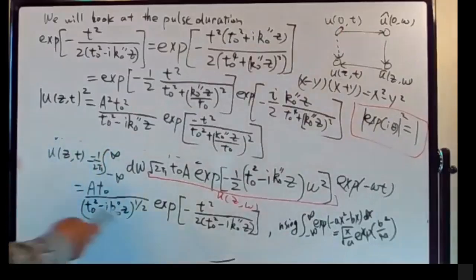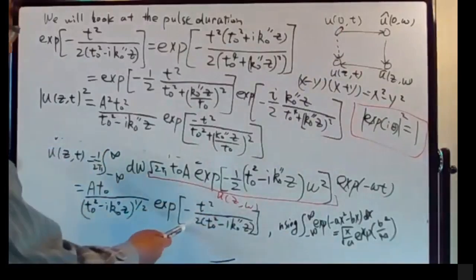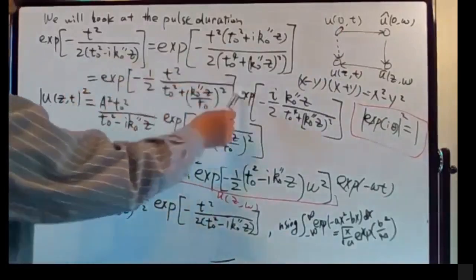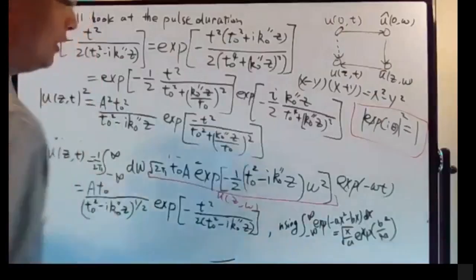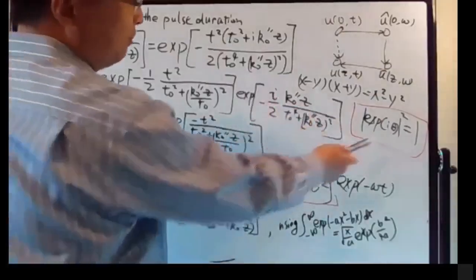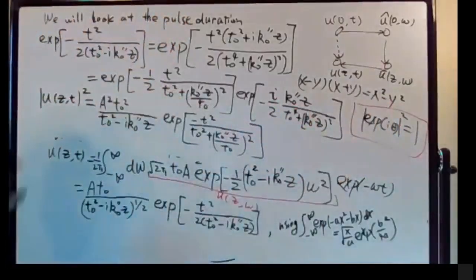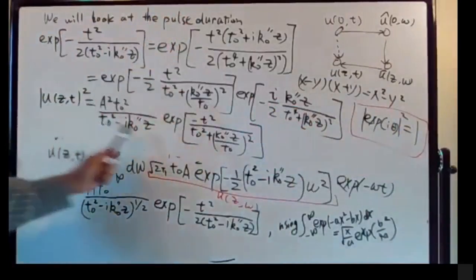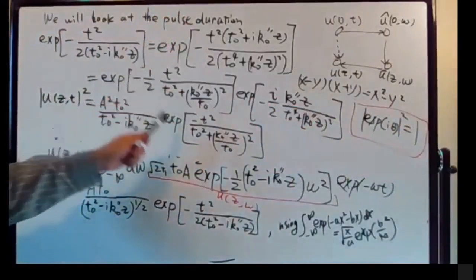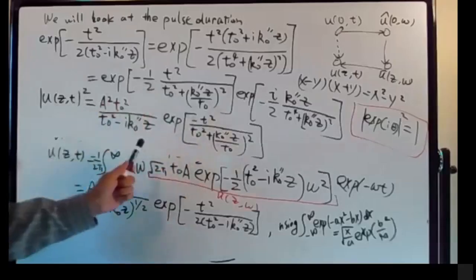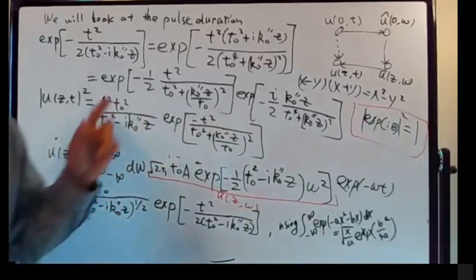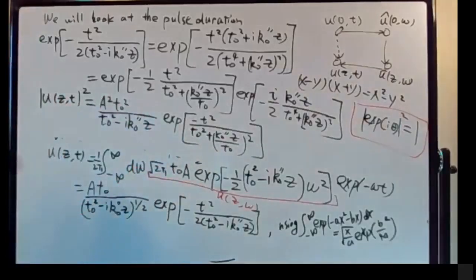And we look at the pulse. This is the pulse shape. The pulse shape can be separated into the real part and imaginary part. The absolute value of the imaginary piece is 1, right? So we're simply looking at the absolute value, and we will look at the pulse width in this equation in the next class. Any questions for today's class?